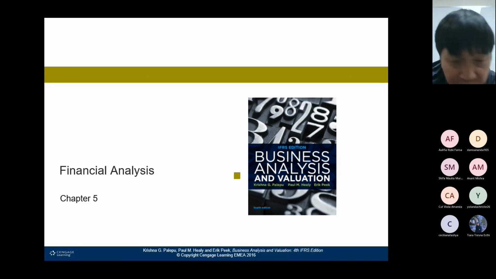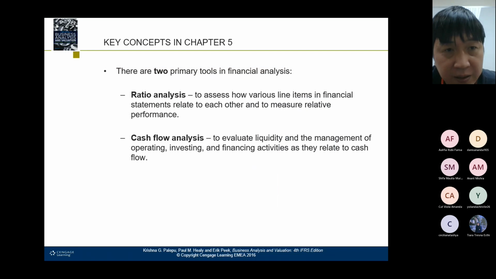So we use our class time to introduce chapter 5, chapter 6, and chapter 7 from this textbook, Business Analysis and Valuation. We quickly go through the introduction of some of the financial implications from chapter 5.